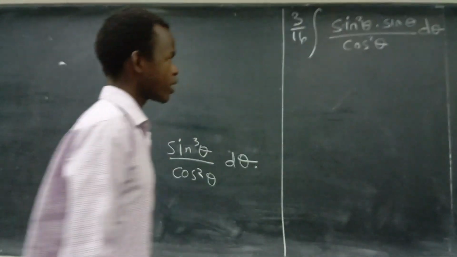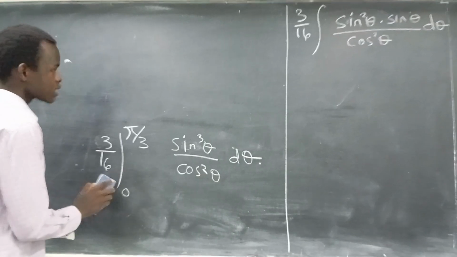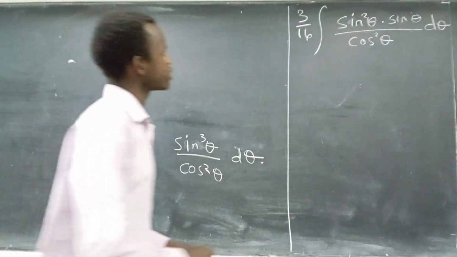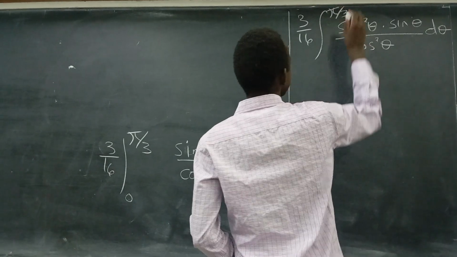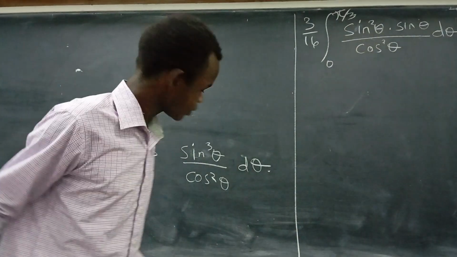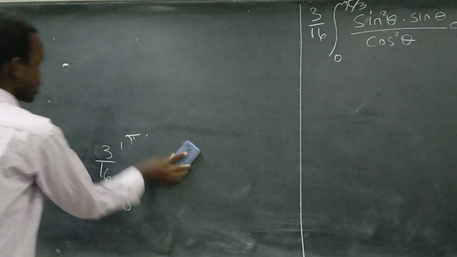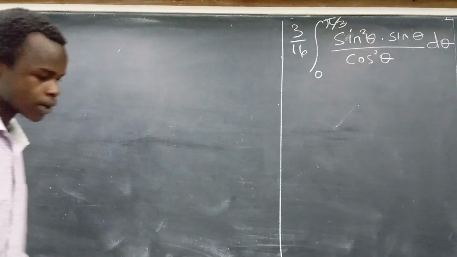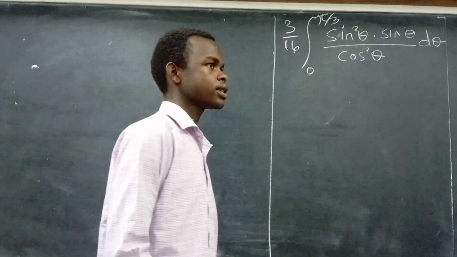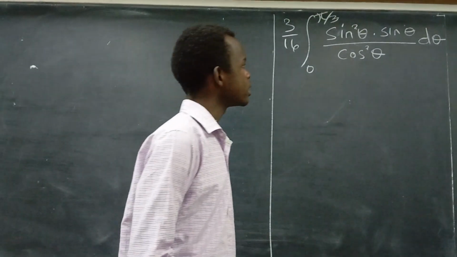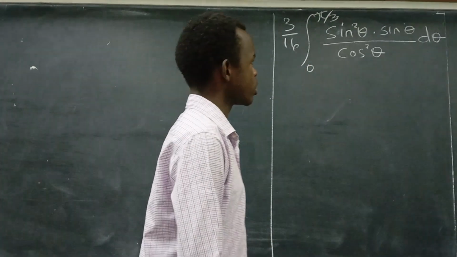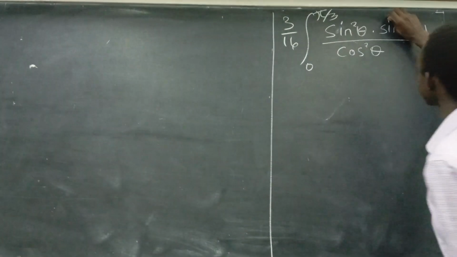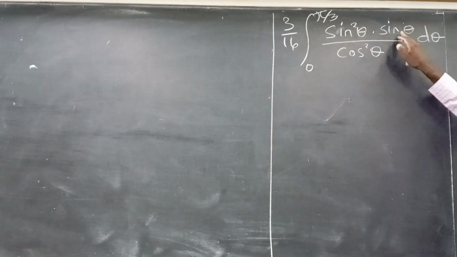So remember from our trigonometric integrals, we haven't placed my bounds, 0 to pi over 3. From our trigonometric integrals, we say, given something like this, we'll try to eliminate sine of theta.